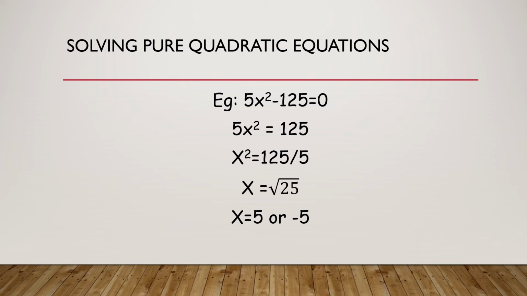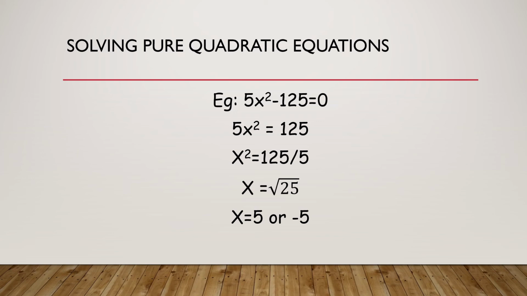For solving this equation, we move the constant term, or the free term, to the right hand side. When −125 is taken to the other side of the equation, it becomes positive 125. Then the equation becomes 5x² = 125.